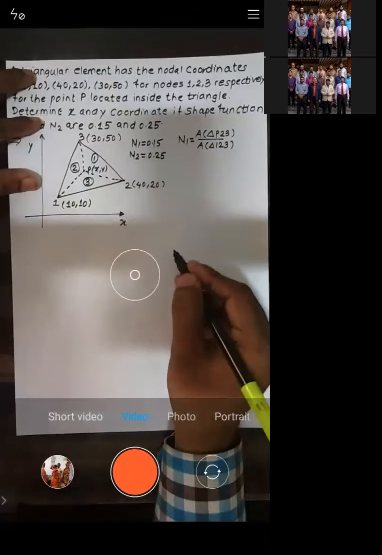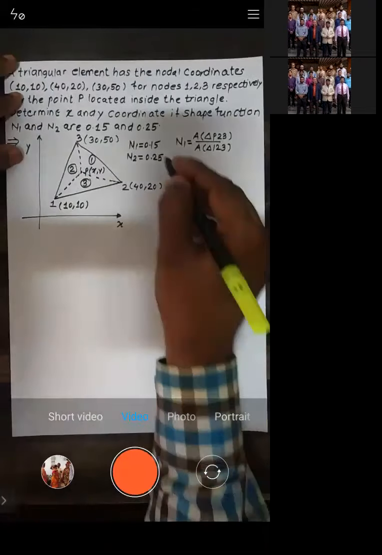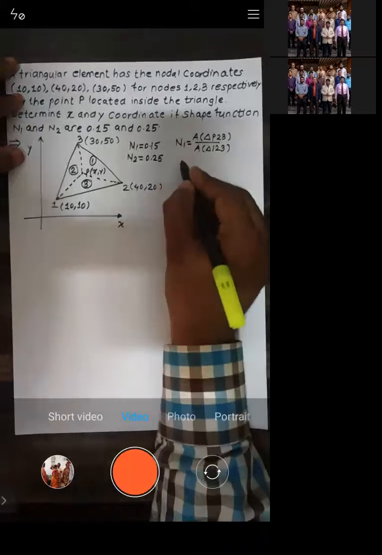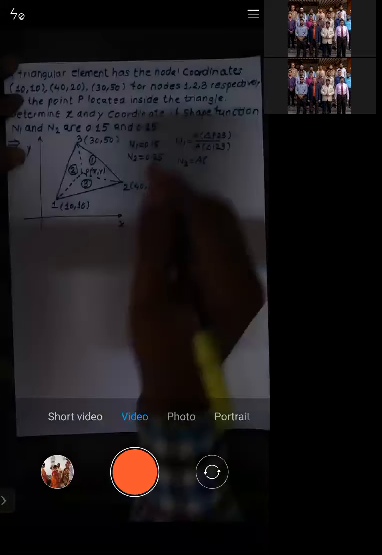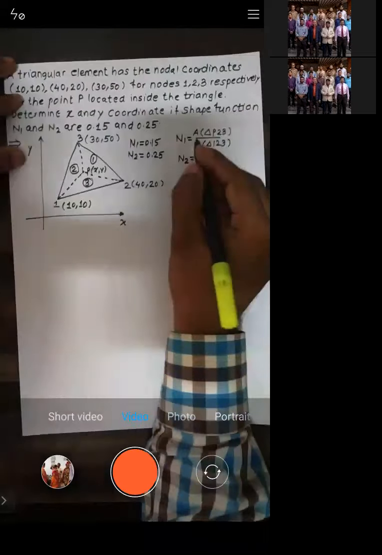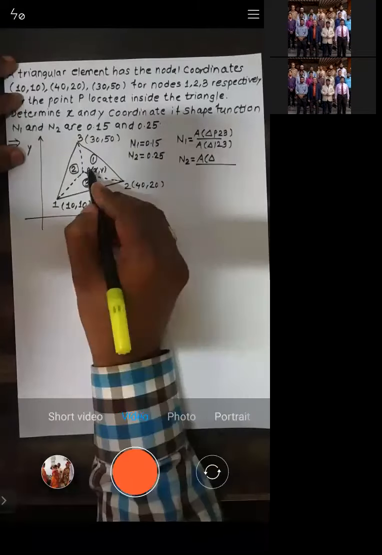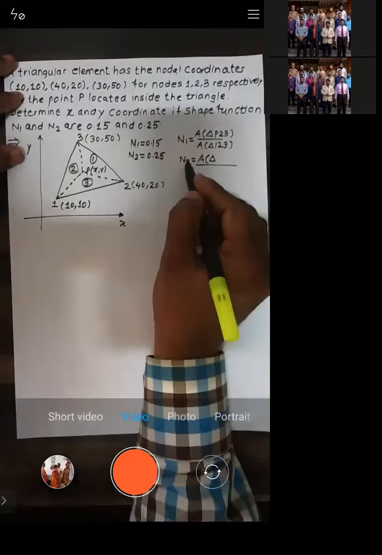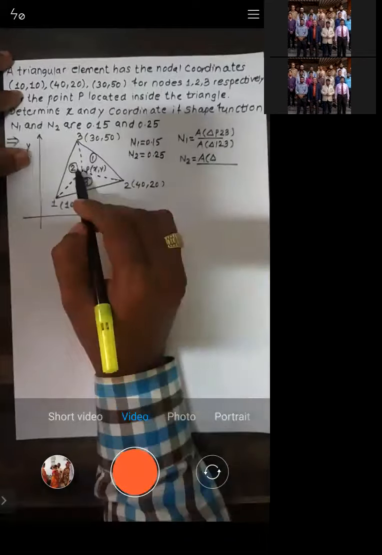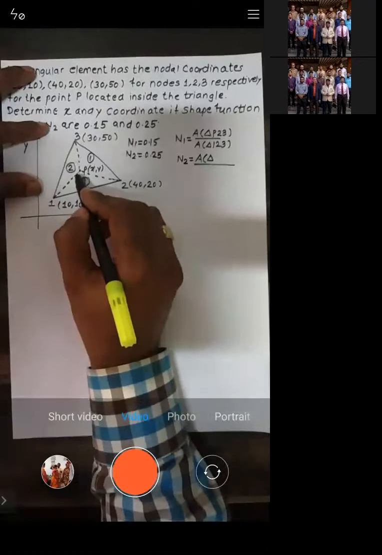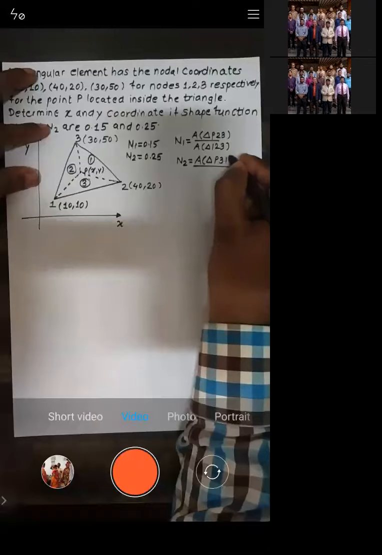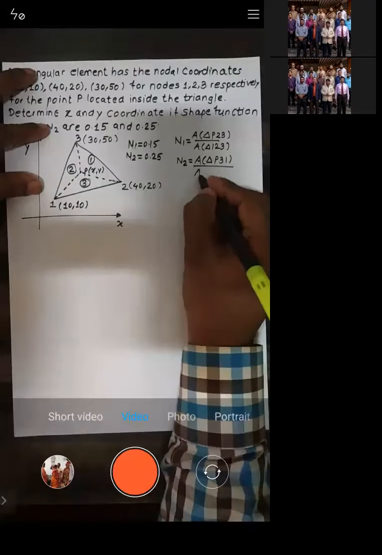Similarly, I need to calculate N2. N2 is the area of triangle 2, which is P31, so N2 is the area of P31 upon the area of triangle 1, 2, 3.